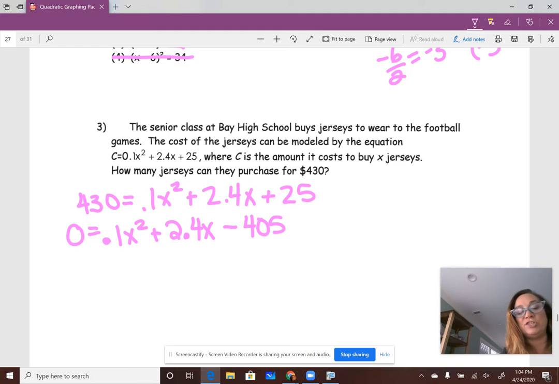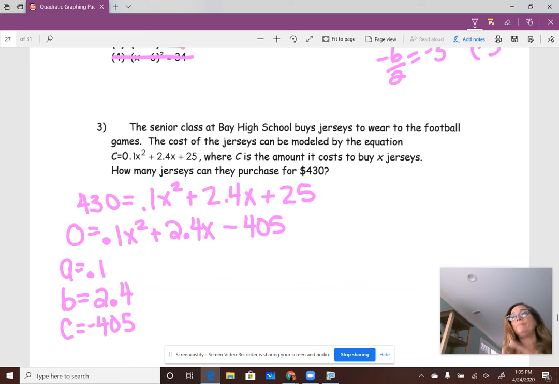Now, I am totally not a fan of these numbers, so I'm going to do the quadratic formula. This would be my advice to you. If the numbers are not integers or whole numbers or something you would consider friendly numbers, then go quadratic formula because A, it always works, and B, boom, boom, boom, boom, boom, calculator.